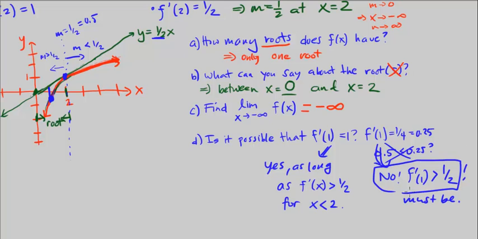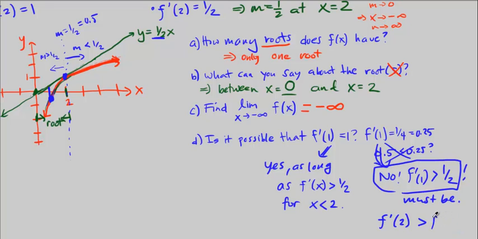Okay, and that's just because we know f prime of 2 has to be greater than f prime of 1. Because as we get smaller values of x, the slope function is going to be, wait, did I just say that wrong? Yeah, I did.